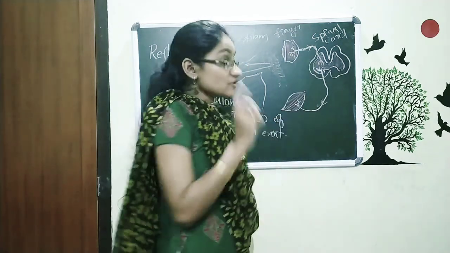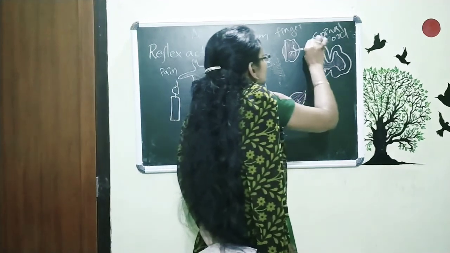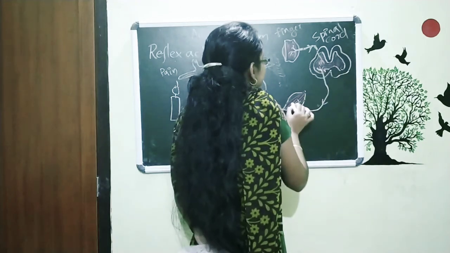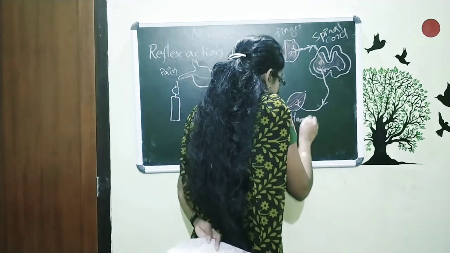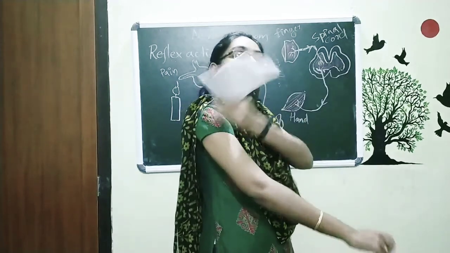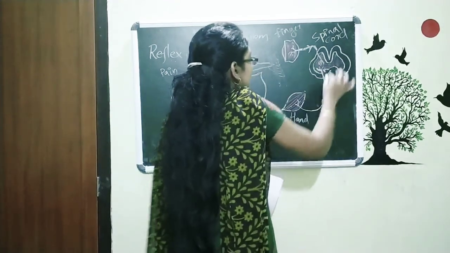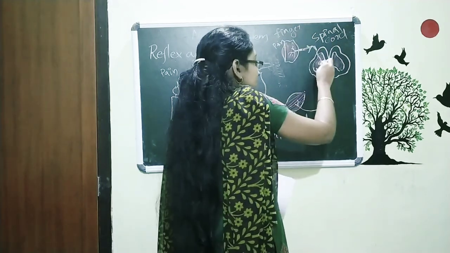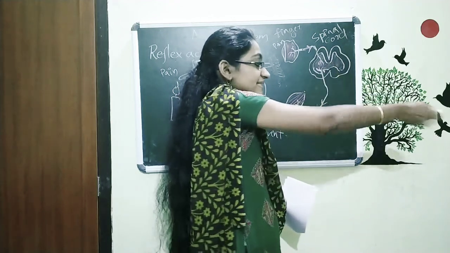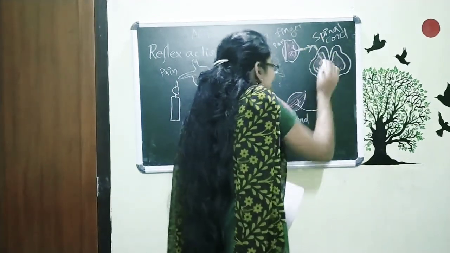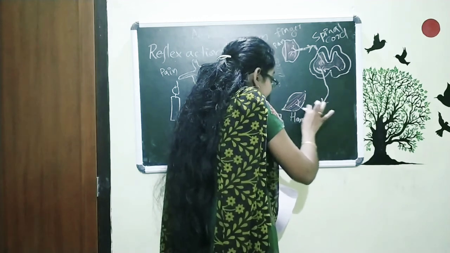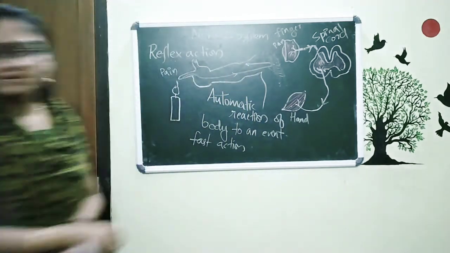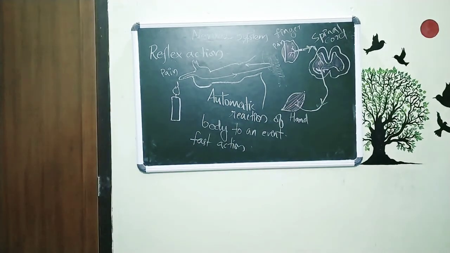From the finger muscle, the message for pain is given to the spinal cord. Then, for taking off our hand, the spinal cord gives an instruction or message to our hand muscle. So just observe that diagram in your textbook, on page number 73.